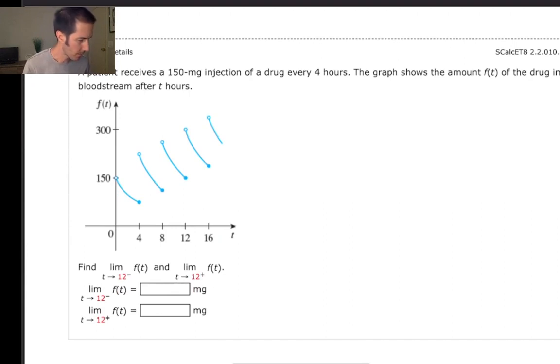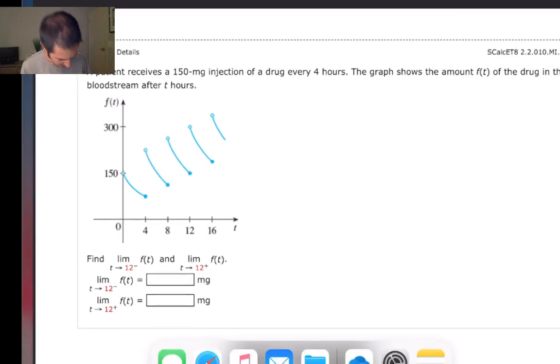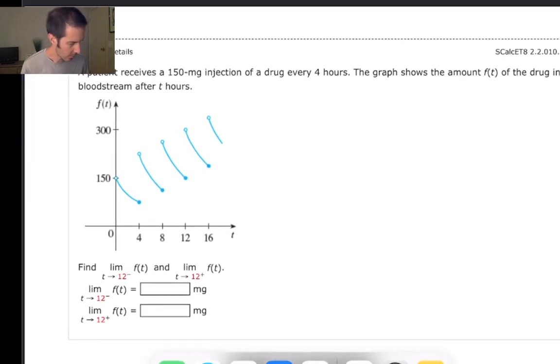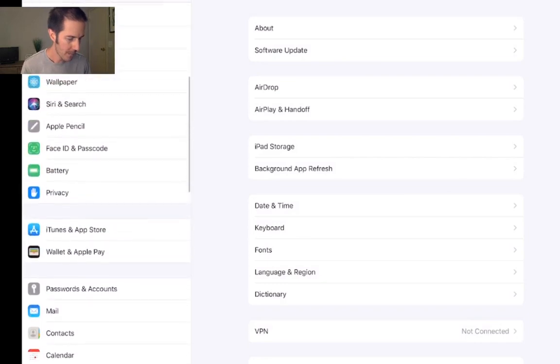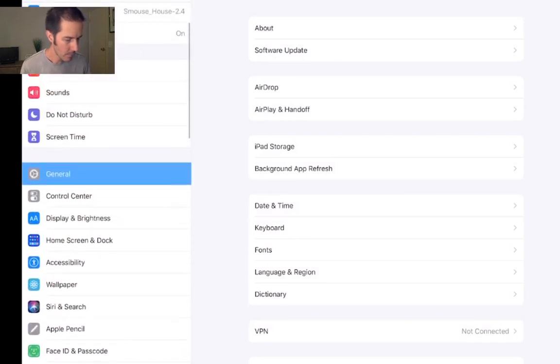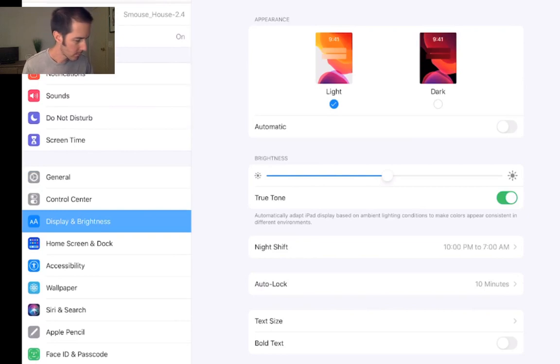I don't like that my screen looks like it just switched over into some sort of a night mode or something. Can I fix that fairly gracefully? I'm very concerned about being graceful. I'm not really an iPad user. Let's look in here. Light, dark, true tone, night shift.